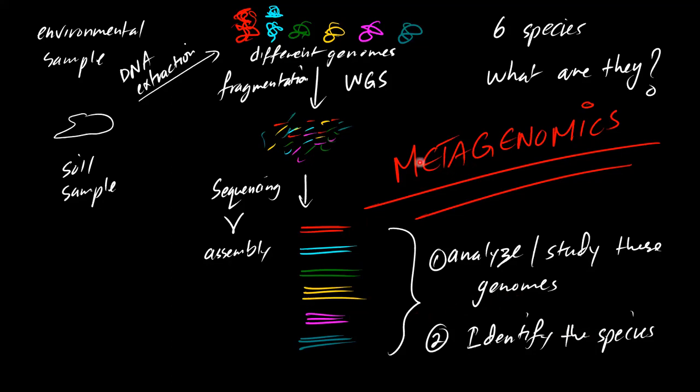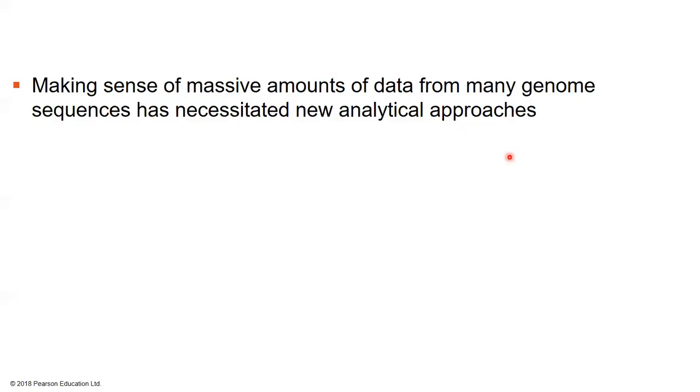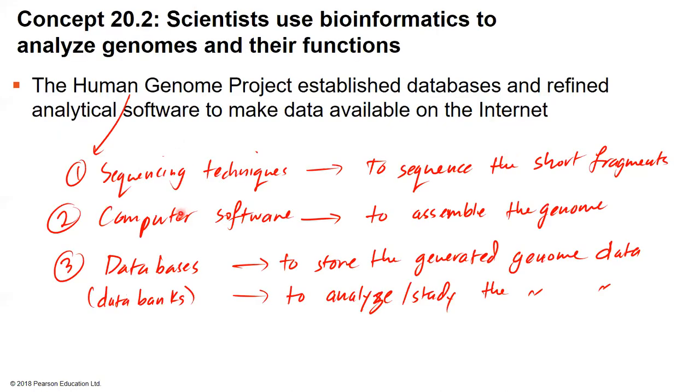So this field of study is called metagenomics, the analysis of more than one genome from an environmental sample at the same time. In order to study large genomes, especially more than one genome at the same time, we need bioinformatics.